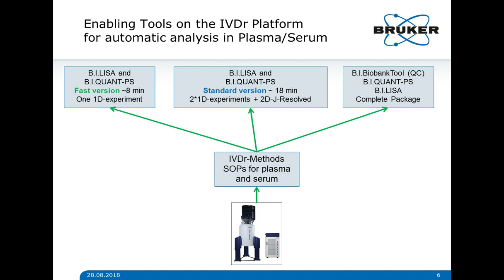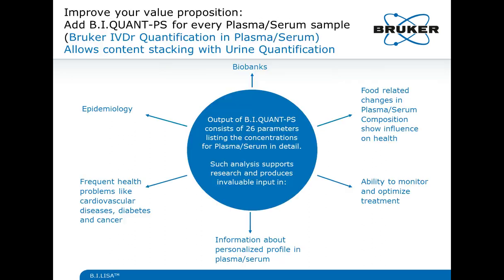We have made sure that this can run on a fast experiment that only takes about 8 minutes and gives us lipoprotein information, about 115 parameters, and also 26 small molecule quantifications from exactly the same experiment. And then there is also an extended version which has some additional experiments which allows us to do even more sophisticated quantification and analysis. And then we have the Biobank QC tool, which also works on the SOPs that we are using for the other analysis.